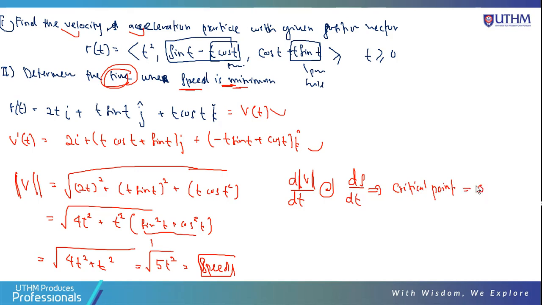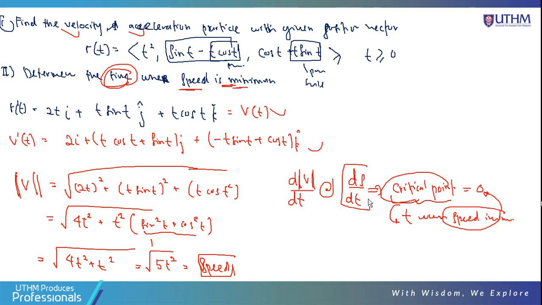The critical point represents the t when the speed is minimum. When the derivative of the speed equals 0, that means the speed is at a minimum.